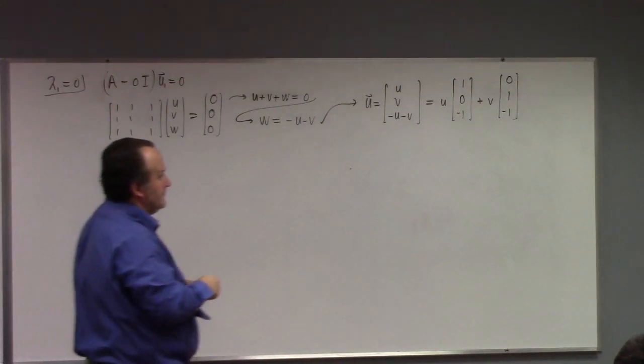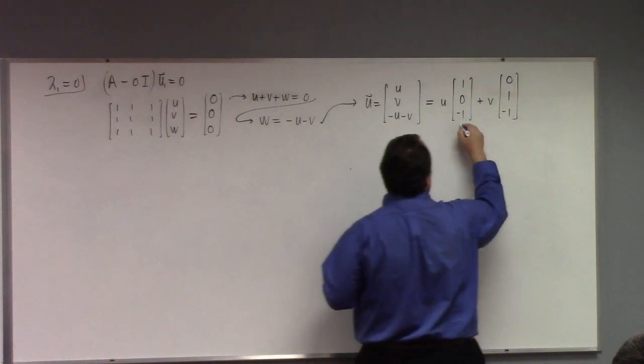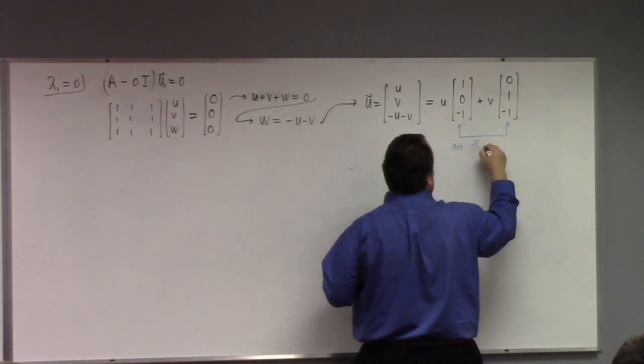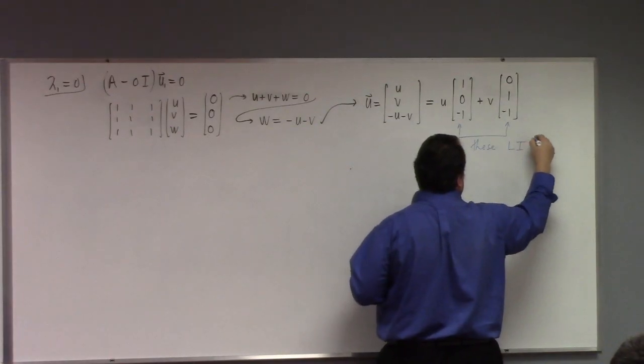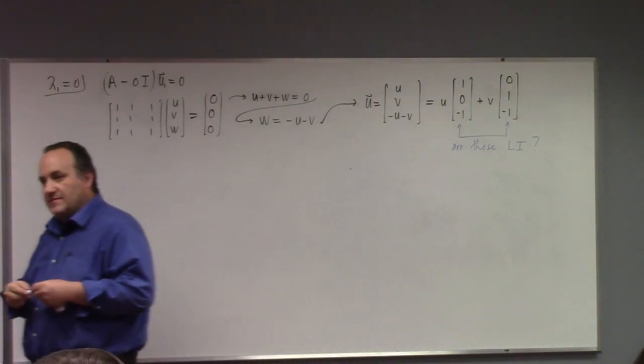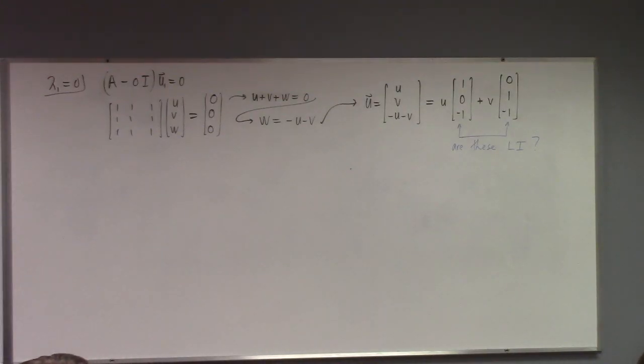So, question. These two vectors here, are these independent? Are these linearly independent? What did we say about two vectors? They're linearly independent if what? They're not multiples of one another. Can those be multiples of one another?